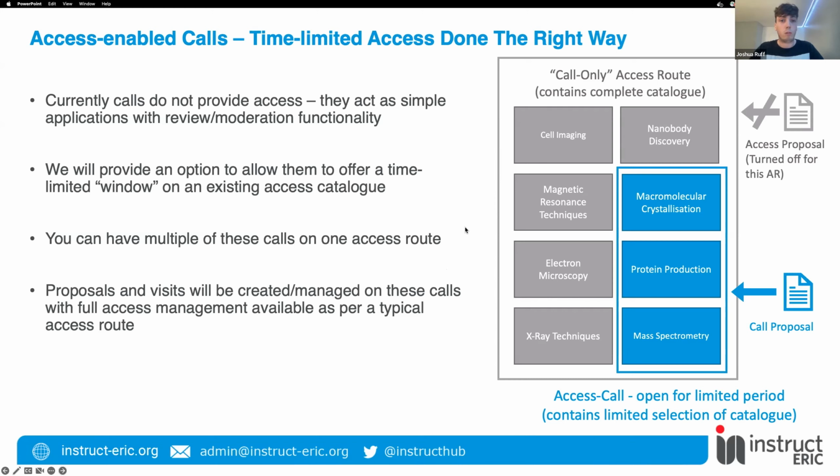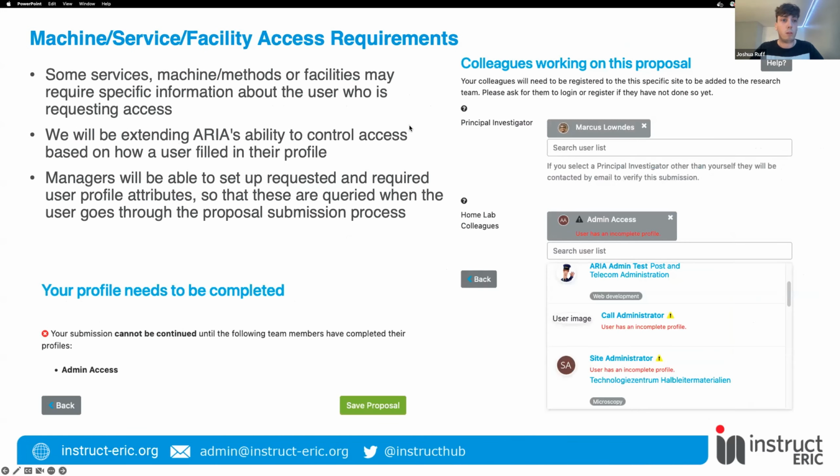So yes, next slide. Machine service facility access requirements. As an access admin, you may be familiar with attribute bundles, which set out the requirements of people going into that access route, the requirements of what information of their profile they have to provide. And here are some examples of that.